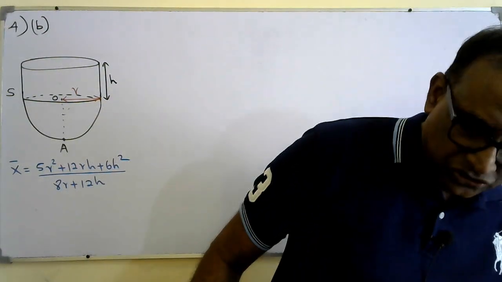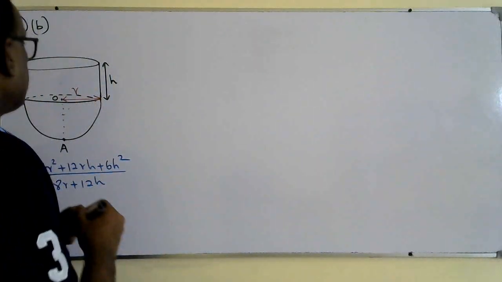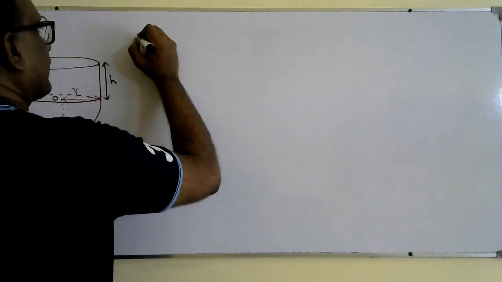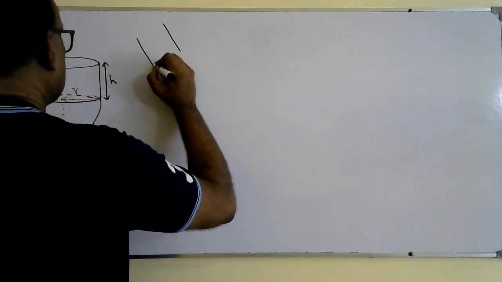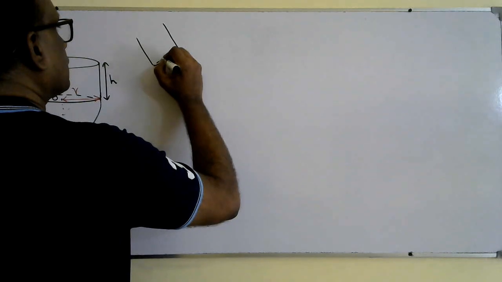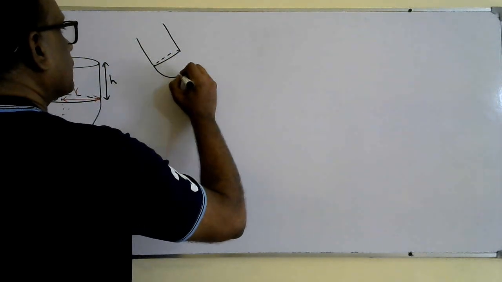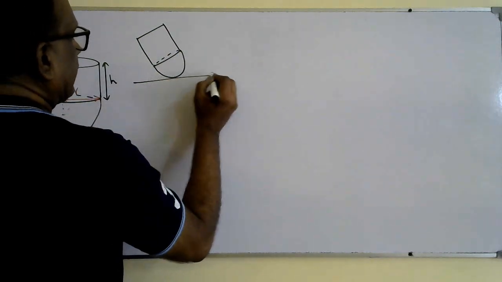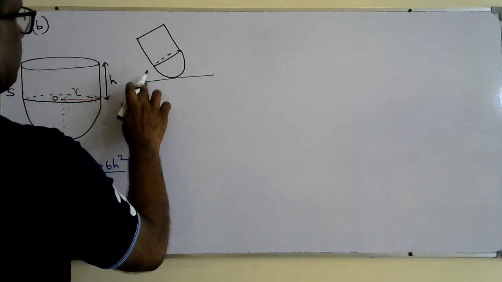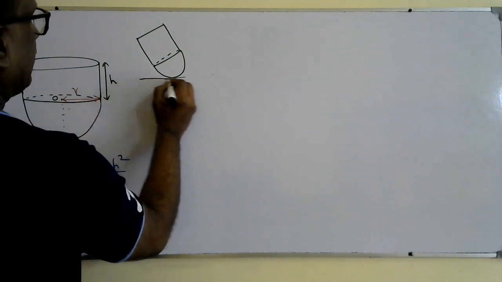Say for example, it's difficult to draw, but I'll try. If you keep it something like this way, small diagram maybe, in contact, it will stay like this at an angle. If you keep it like this also, it will stay.